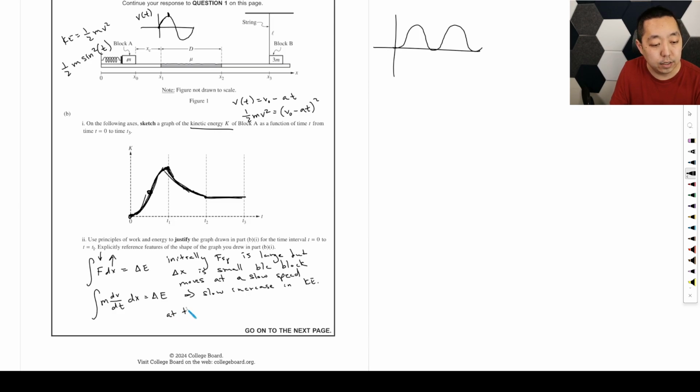At the end, near t1, the spring force is small, but the block moves fast, which implies, again, a small amount of work, which implies a slow increase in kinetic energy.